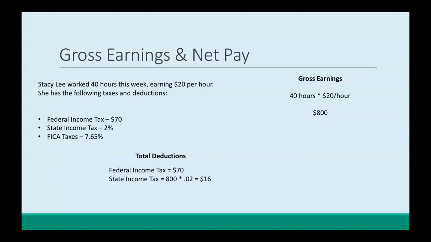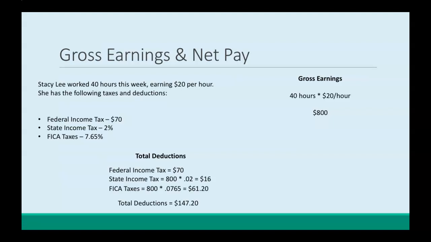So 800 times 0.02, and our state income tax here will be $16. And then FICA taxes is 7.65% of our gross earnings. So we take 800 times 0.0765, and we find our FICA taxes to be $61.20.